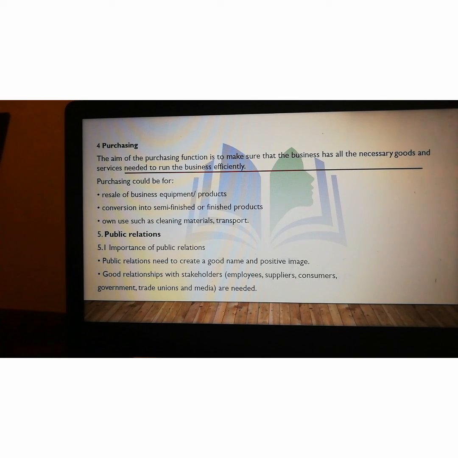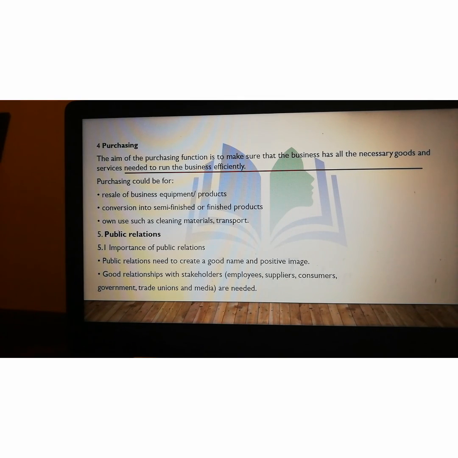For example, Nike now. Nike is known globally because it portrays a positive image to the customers, and it's also important to ensure that good relationships with stakeholders are met, or they are needed. For example, your employees, your suppliers, your customers, the government, your trade unions and media.